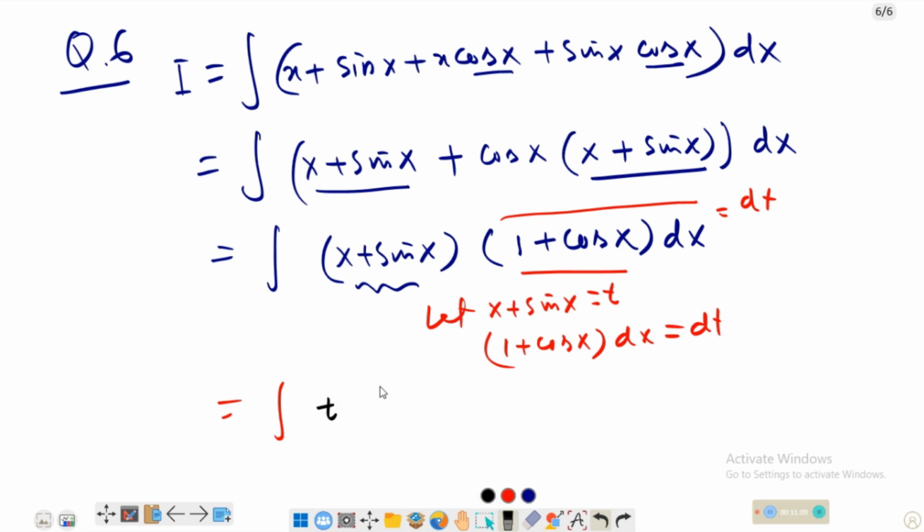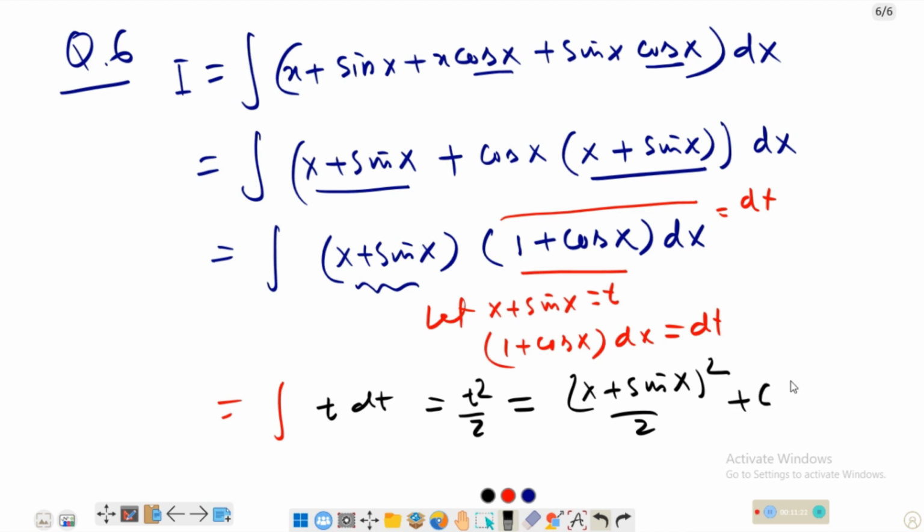Integration of t is t square by 2, where t is x plus sin x. So this integral is equal to (x plus sin x) whole square upon 2 plus c.